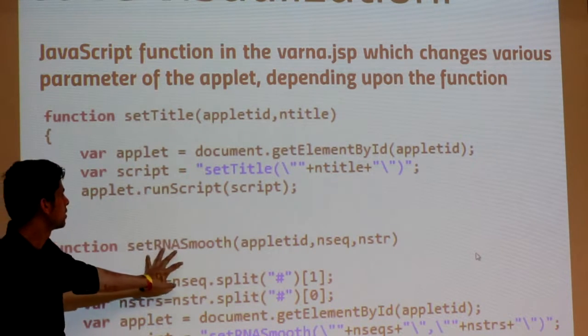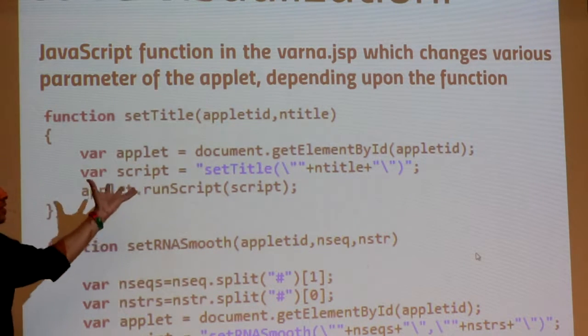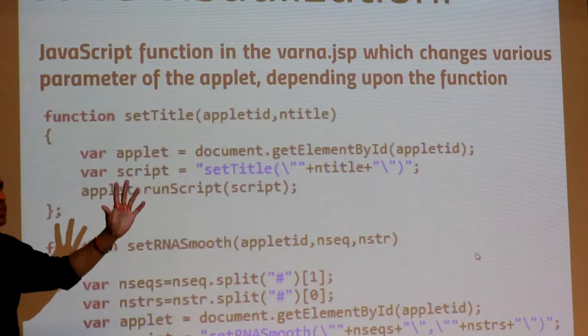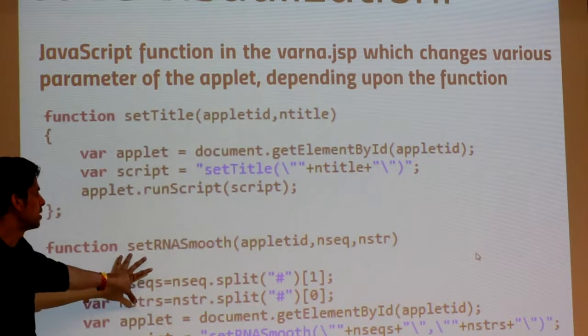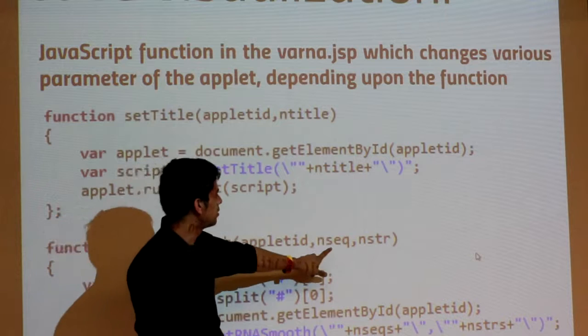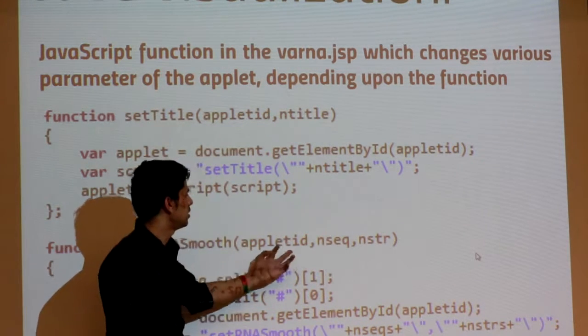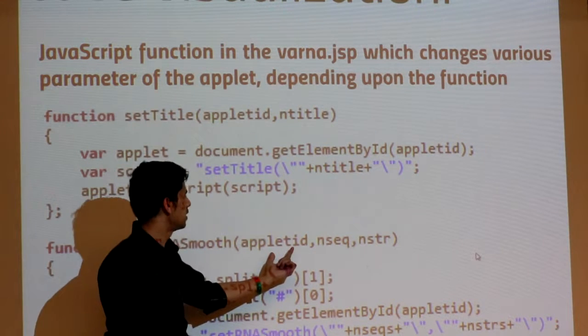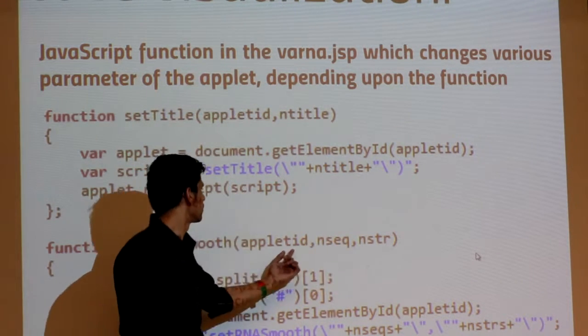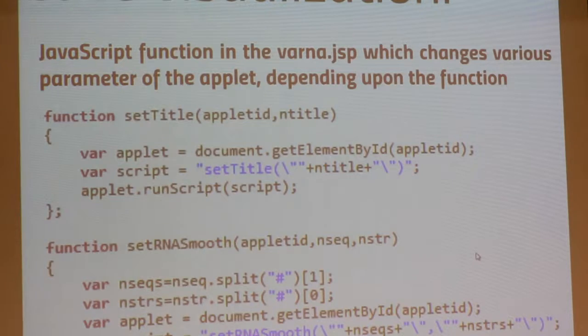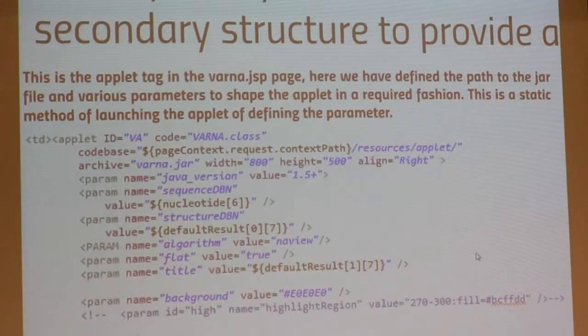This one just sets the RNA, so it will change the structure of the RNA being displayed on the applet by passing values. It takes three parameters: applet ID, sequence, and structure. If you remember earlier, we had an applet tag here.